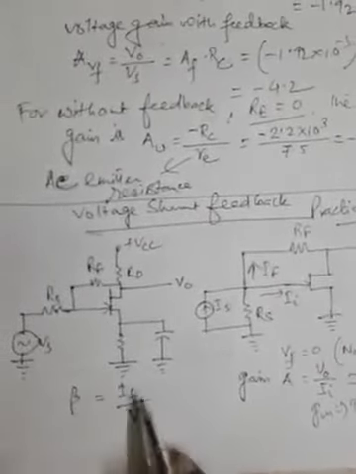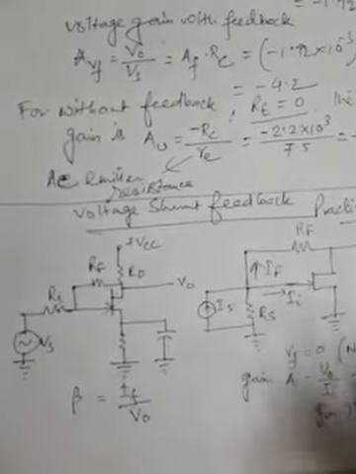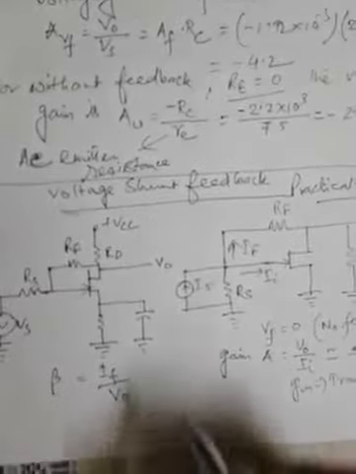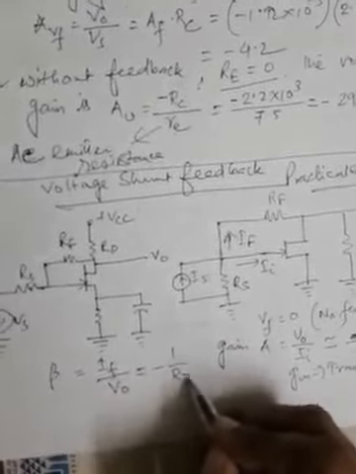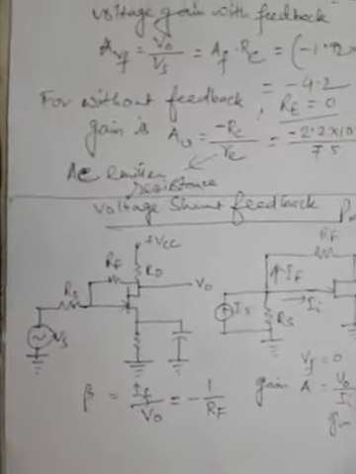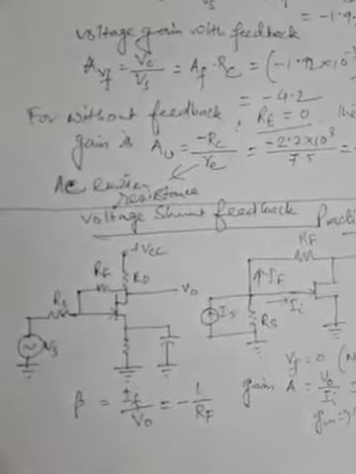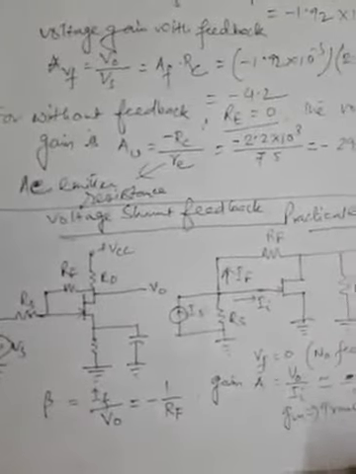So the output of the feedback network is the current IF, divided by VO, since the output is tapped in terms of voltage. So this is minus 1 by RF, which should be obtained from here, and this is RF, the resistance. So from here beta can be found as minus 1 by RF.